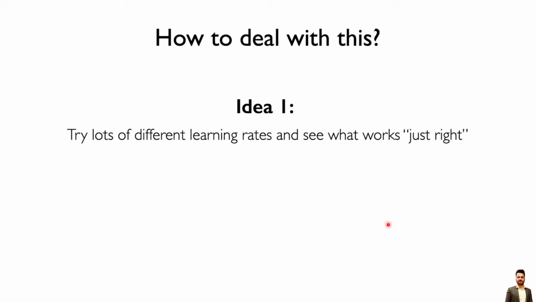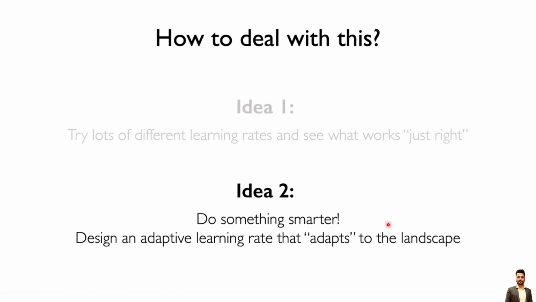It has to be just the right value, right? You can do it by hit and trial, or maybe try different learning rates. It is a very tiring task to do manually. The other method is to design an adaptive learning rate that adapts to the landscape, the way we saw in the last slides.